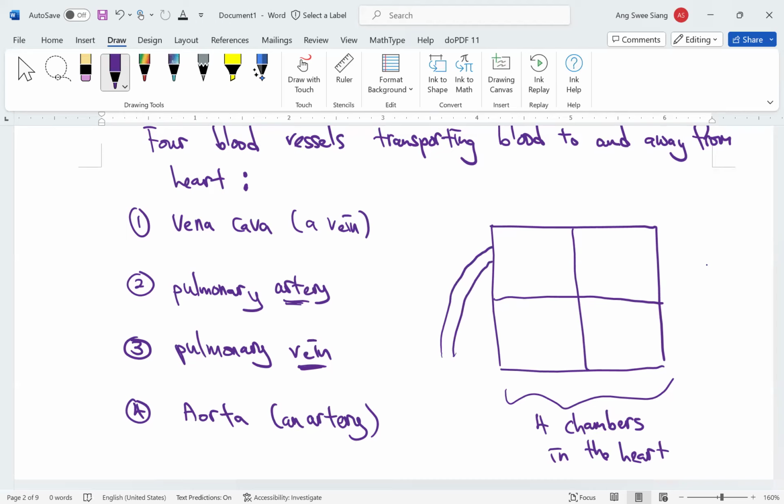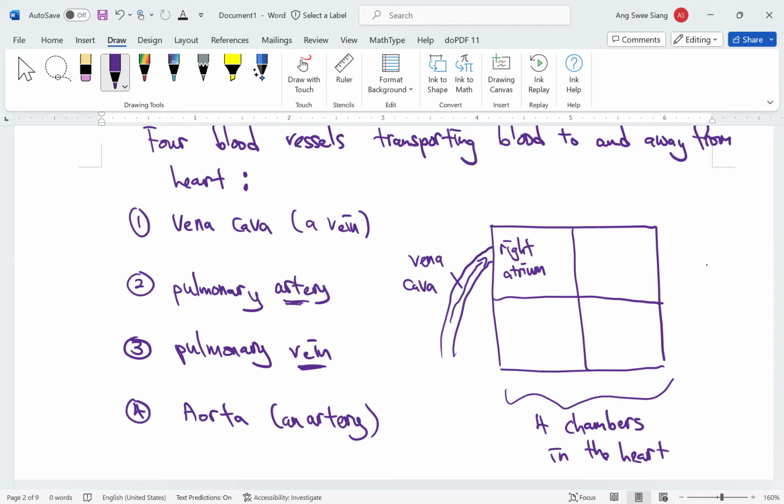This is the vena cava. It will transport blood to the right atrium of the heart.